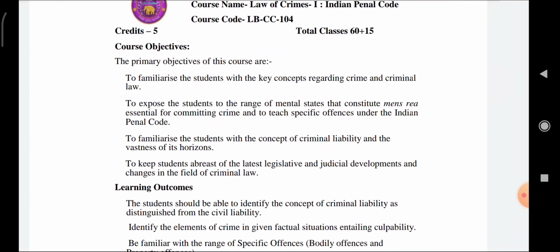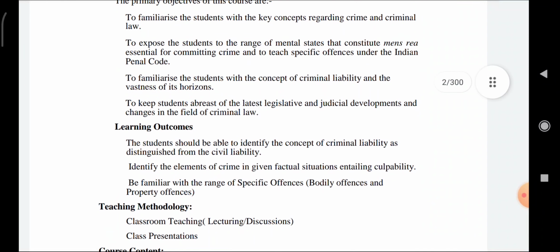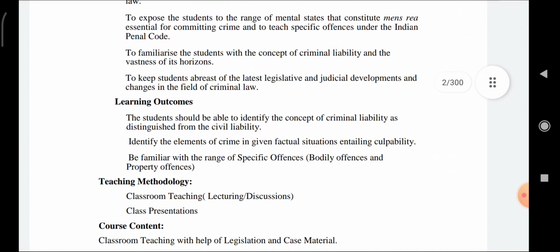They familiarize the students with the concept of criminal liability and the vastness of its horizons, to keep a student abreast of the latest legislative and judicial developments and the changes in the field of criminal law.